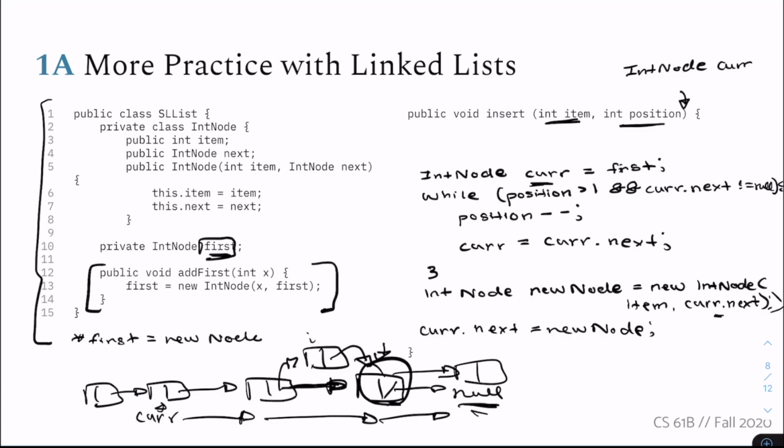And so all we have to do is, we erase that, if first equals null, so if there is no first object, or if position is 0, so if we're adding it at the beginning, then all we're going to do is add first item and then return. So we don't have to do anything else after that.